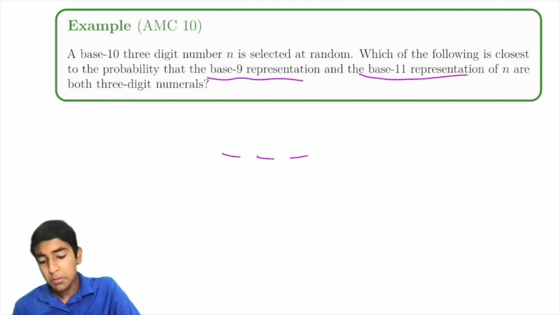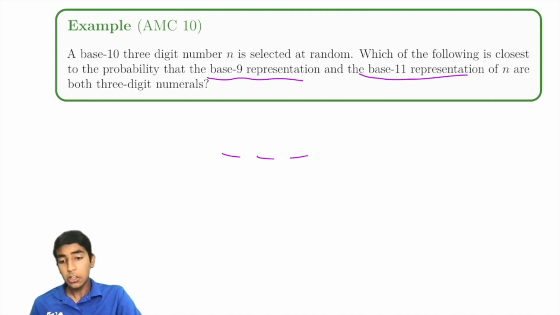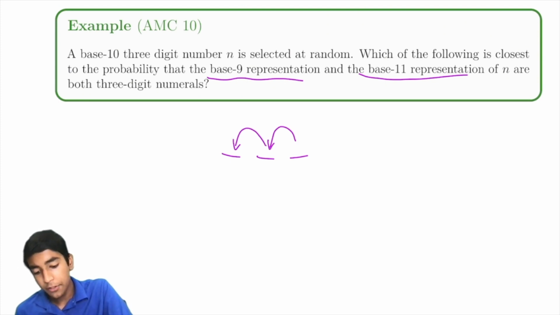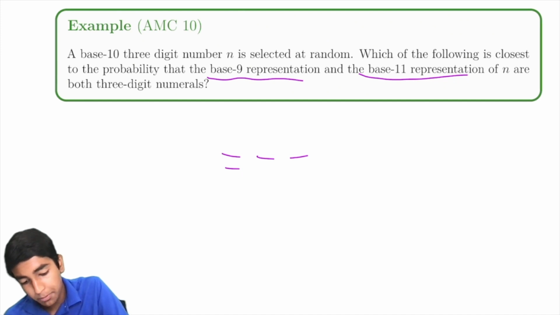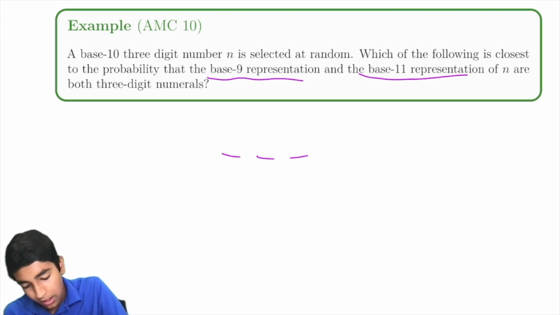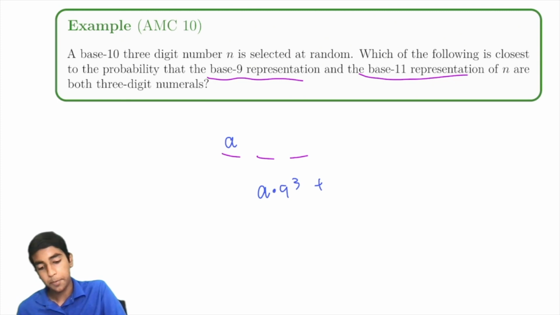First of all, what's the minimum possible value of such a number? Well, notice how the number over there in the hundredths place is always multiplied by 9 cubed. So, let's call this number a. The value here would be a times 9 cubed plus something else.